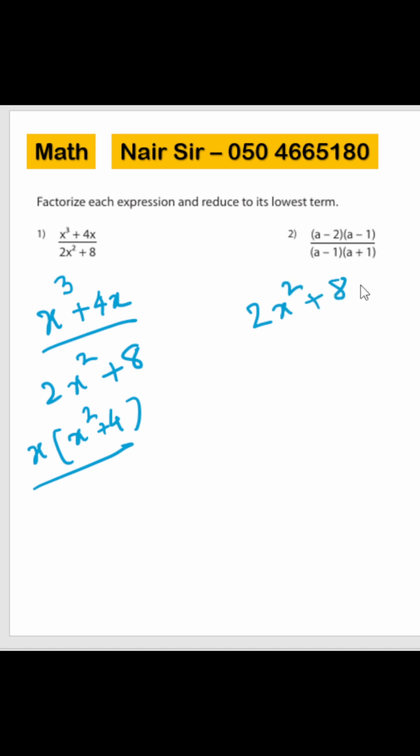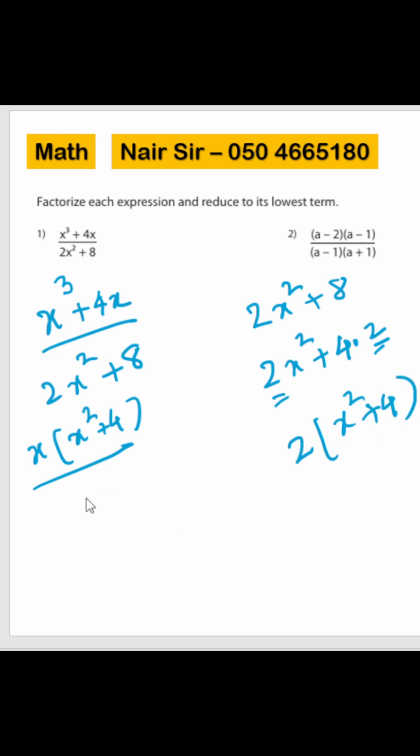There is no x here, so x is not common. Can I write this as 2x square plus 4 into 2? What do I take common? I am taking 2 common. So 2 comes out, and what is left? x square plus 4. I write this as 2 bracket x square plus 4.